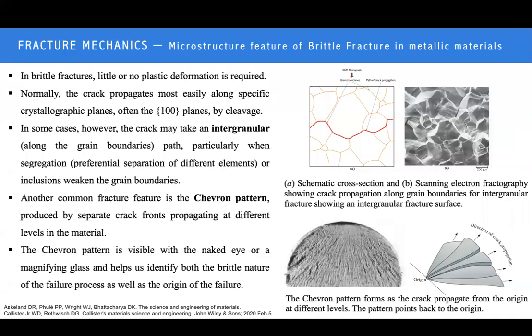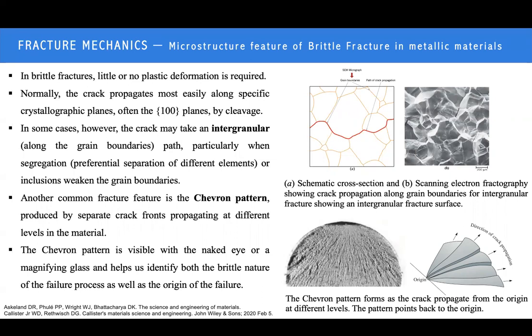So the next one is the microstructure feature of the brittle fracture in metallic materials. In the brittle fracture, little or no plastic deformation is required. So the crack can easily progress along specific crystallographic planes, the 100 planes, by cleavage. But this kind of plane depends on the type of material.